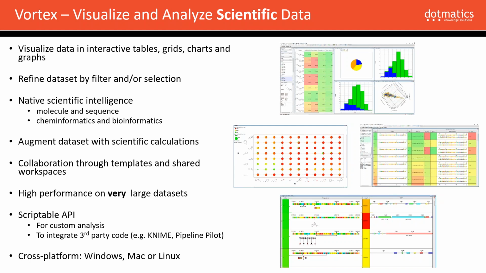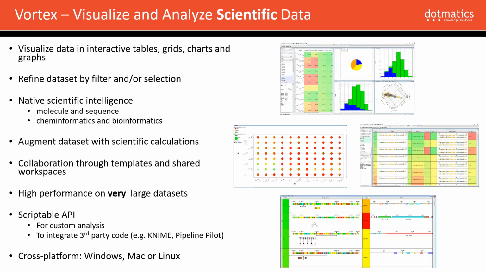Once the data is loaded, you can refine the data set either by filtering on interesting property ranges or activity ranges, depending on the data you have, or you can make selections. As you see in the graphic on the top right, we've selected one slice of the pie chart, and that's then highlighted the equivalent rows in all of the other charts and tables.